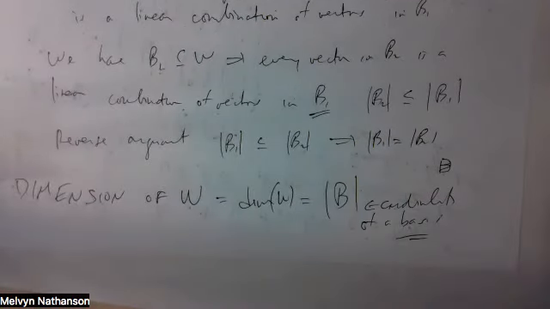And so this is a truly fundamental result in linear algebra. If you take any finitely generated subspace of a vector space, it has a basis, it has a dimension.